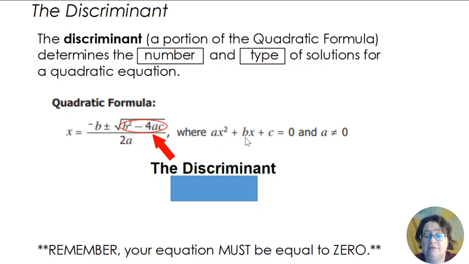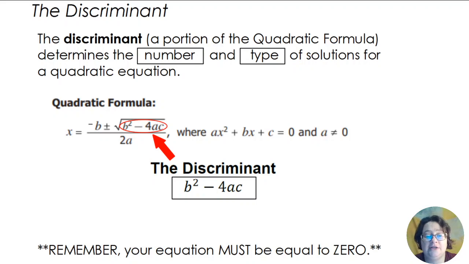Our b value will be in front of x, and our c is our constant, or our number at the end. Our discriminant just puts underneath the square root symbol, b squared minus 4ac. Now, to find this for a, b, and c, remember it does have to be equal to 0. Otherwise, this formula doesn't work.